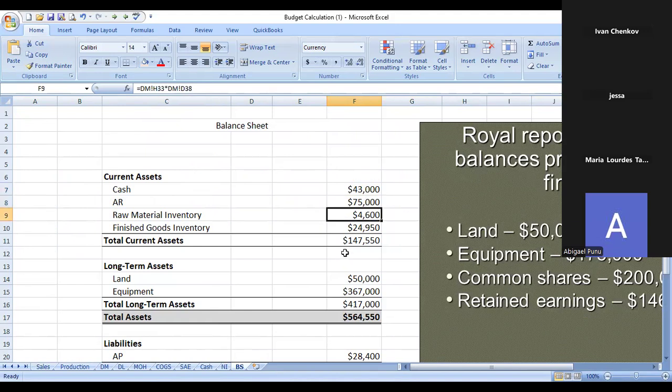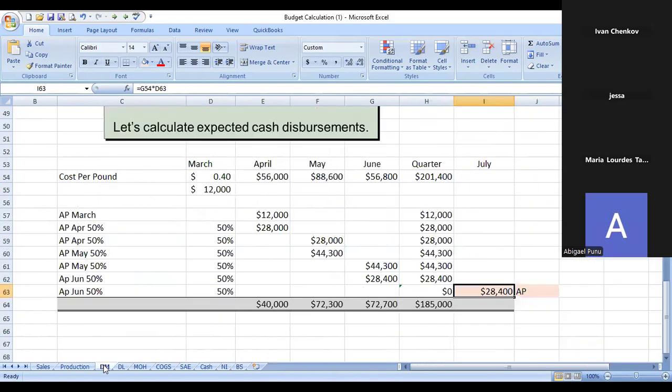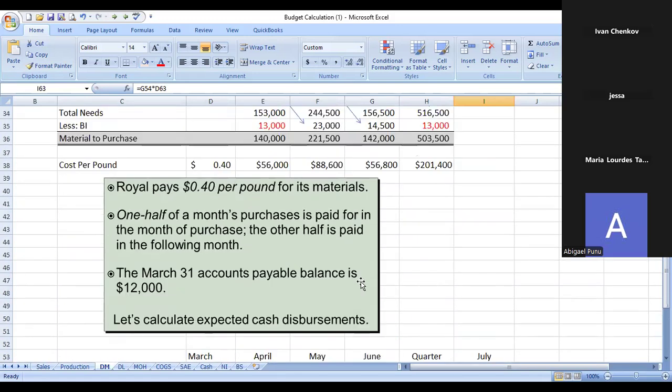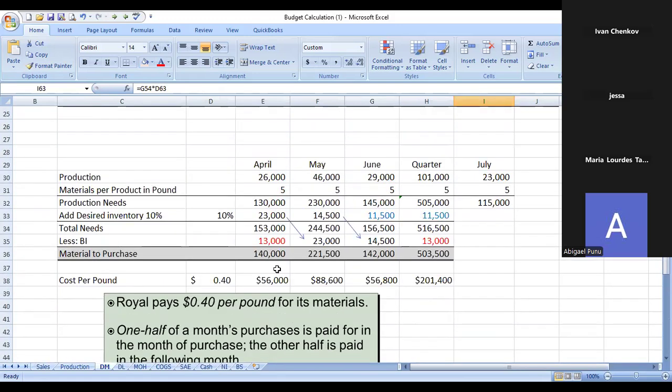Raw material. Now we have to go and see how much raw material we have from direct material. From the direct material, we're going to check how much ending balance we have for the raw material, and we're going to find out that we have 11,500 pounds of raw material left. But we already know that each pound costs us 40 cents.